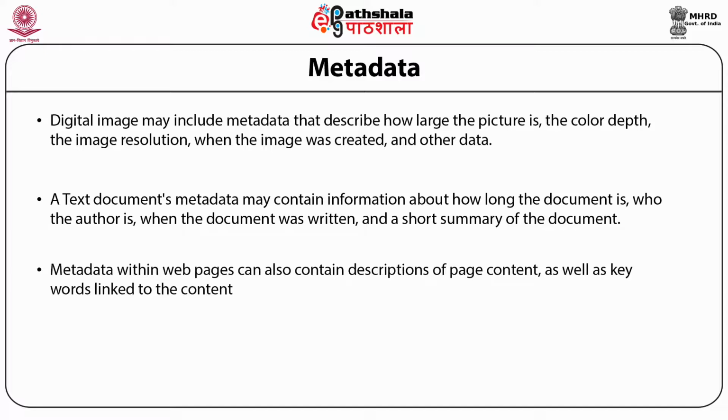Metadata within web pages can also contain descriptions of page content as well as keywords linked to the content. Here, we need to differentiate the metadata description for a digital image or digital object, for text content, and for the multimedia resource, mainly web resource.